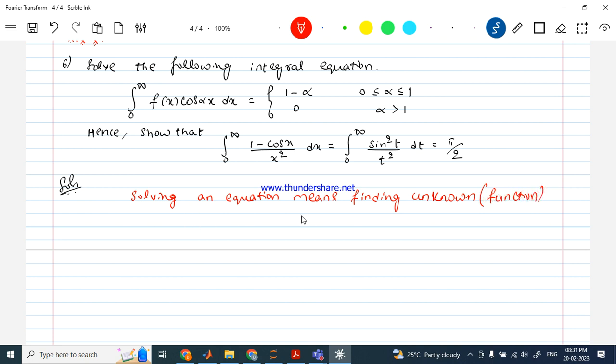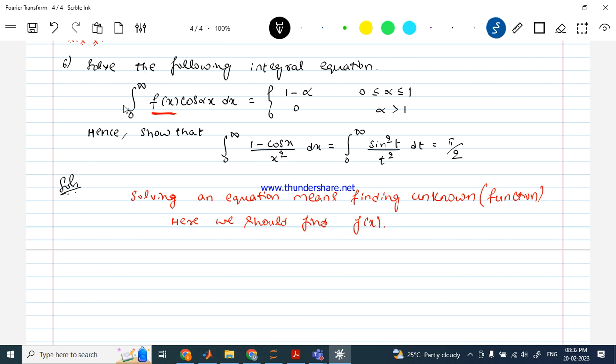So in this example, solving the equation means finding the value of f of x in it. Okay, solving an equation means in this problem here we should find f of x.